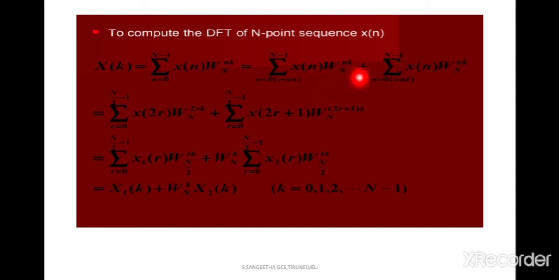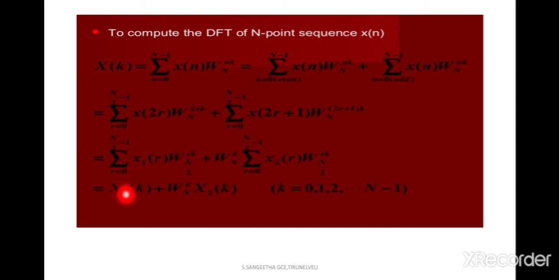We have separated the even and odd values. Next, the summation of r equal to 0 to N by 2 minus 1 of x of 2r W_N^{2rk} plus the summation of r equal to 0 to N by 2 minus 1 of x of 2r plus 1 into W_N to the power (2r plus 1) into k.